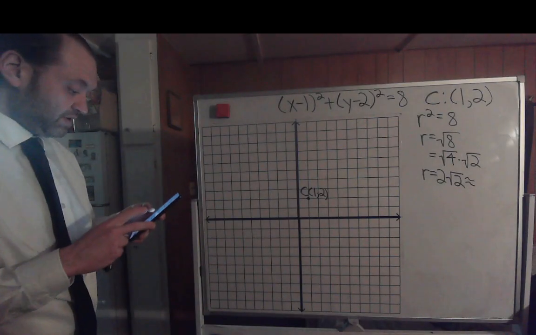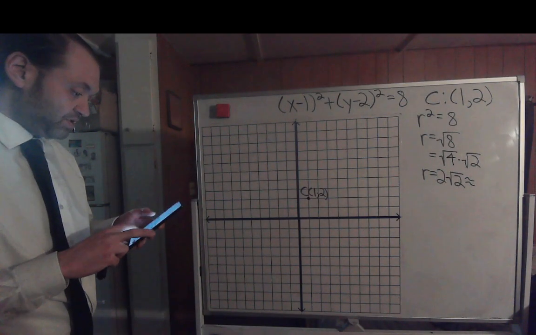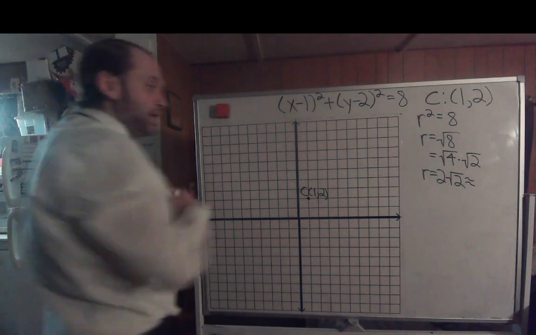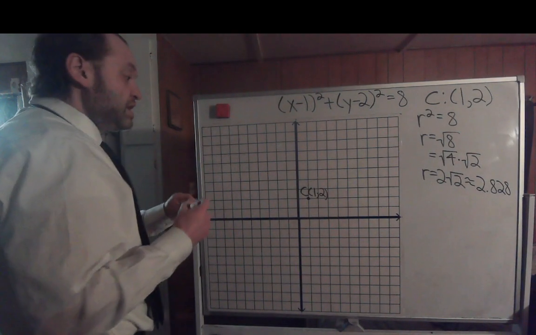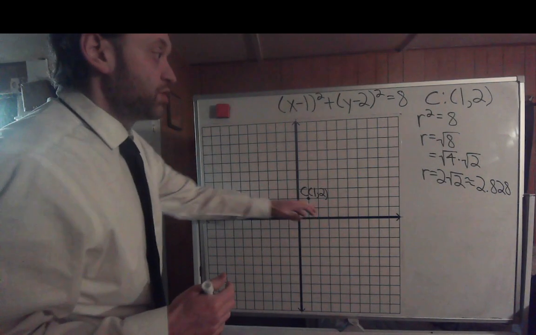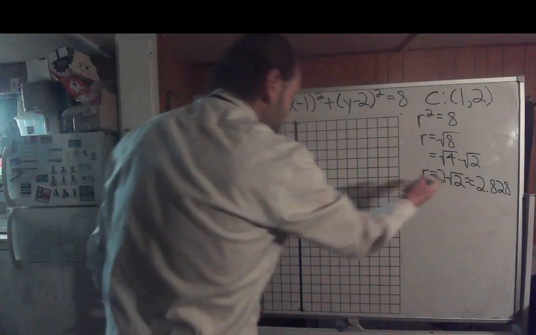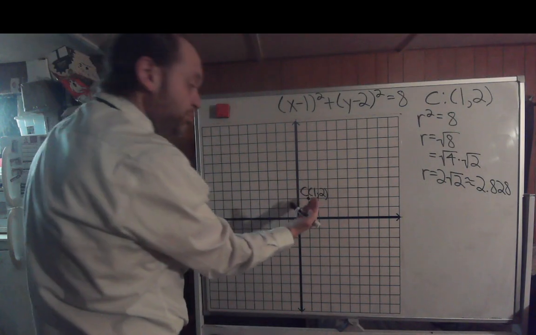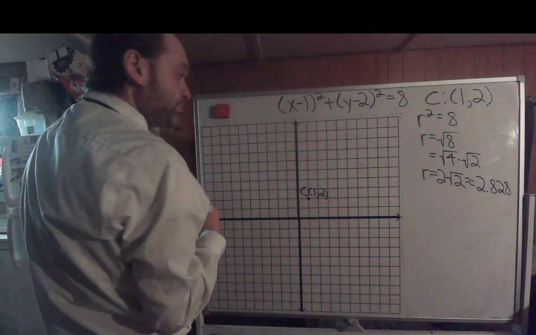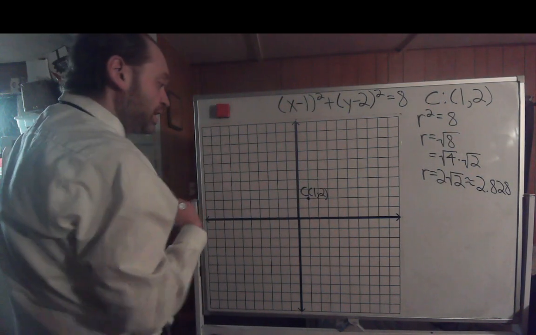Alright, so let's figure this out. So 2 times the square root of 2 is approximately 2.828. So now, above 1, 2, you're going to go that many units upward. When you go above, you're going to leave your x coordinate alone, but you're going to add that to your y coordinate.